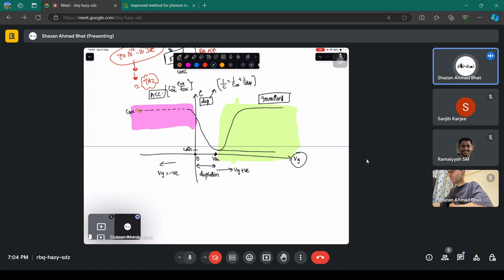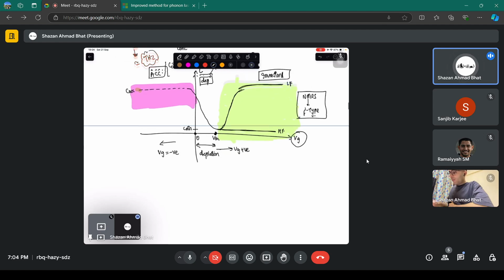If your high frequency is much faster, you cannot generate electrons, you cannot change the charges, you cannot change the capacitance anymore. So that's why this particular part stays constant. This is for high frequency, this is for low frequency, and this is called the CV characteristics of a MOSFET. And this is for NMOS. NMOS means it's a p-type substrate where the channel after inversion has electrons.